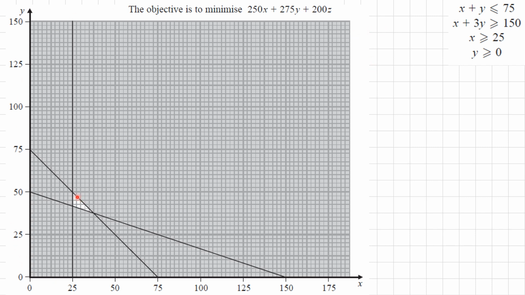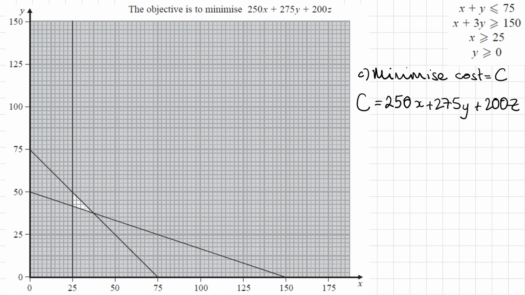So we have our feasible region here, and what we need to do in part C is to minimize the cost, which I'm going to call C, and the cost is equal to 250x plus 270y plus 200z.